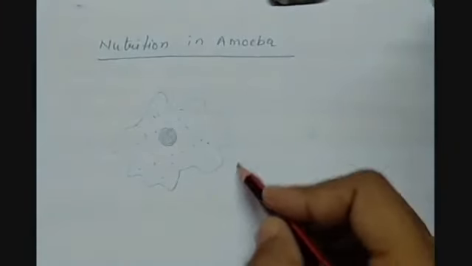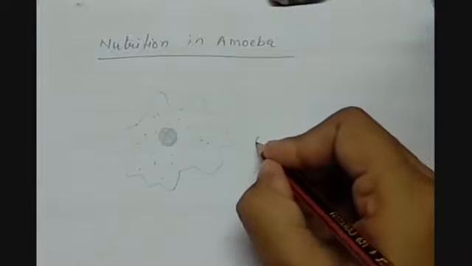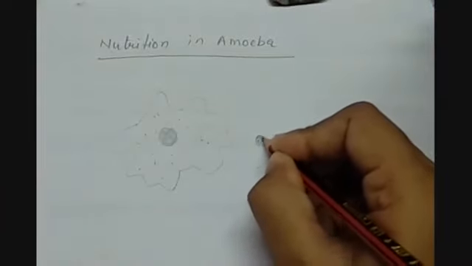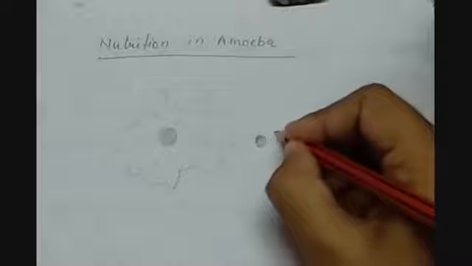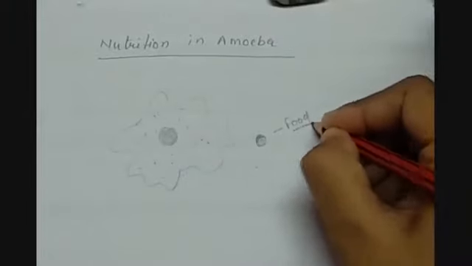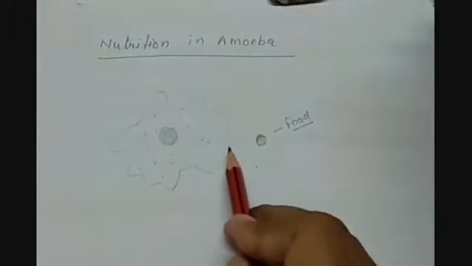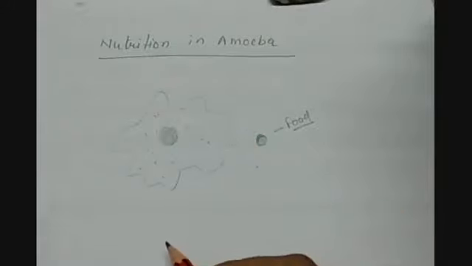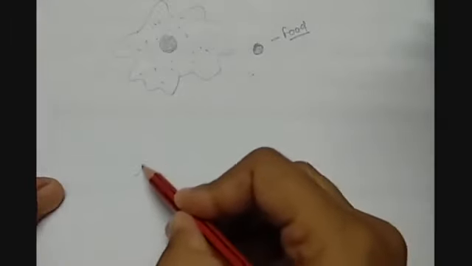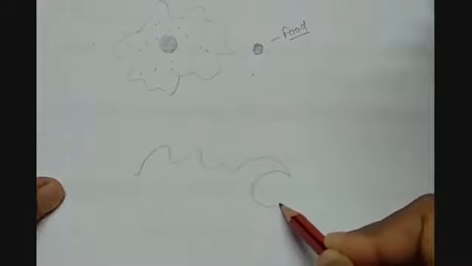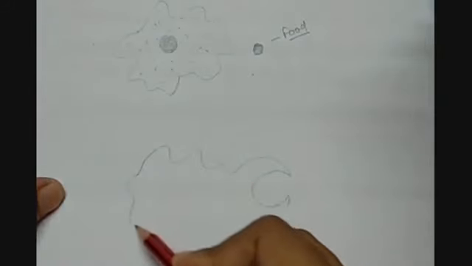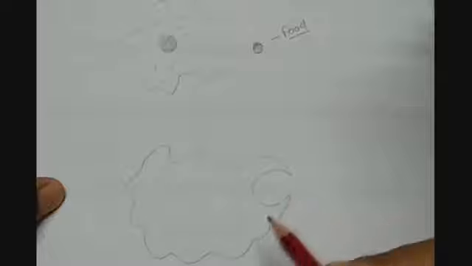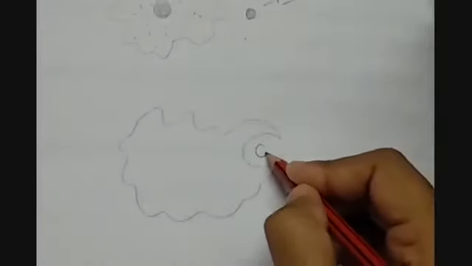Whenever it sees a food particle near it, so this is the food particle, it extends its end towards the food, taking food with finger-like projections, by extending its cell wall towards the food.